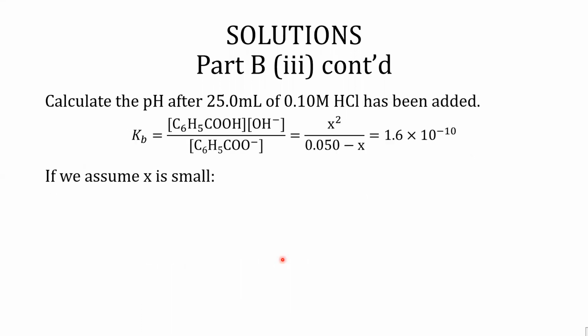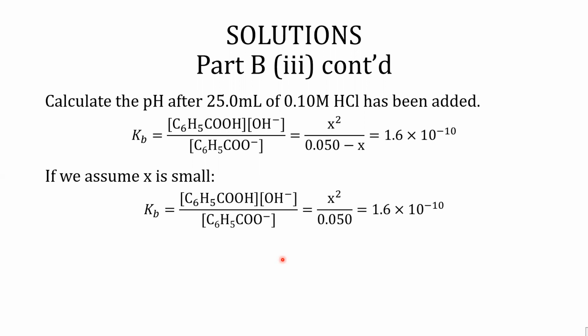The revised equilibrium expression is Kb equals the concentration of C6H5COOH times OH minus divided by C6H5COO minus, equals x squared divided by 0.050, equals 1.6 times 10 to the minus 10.